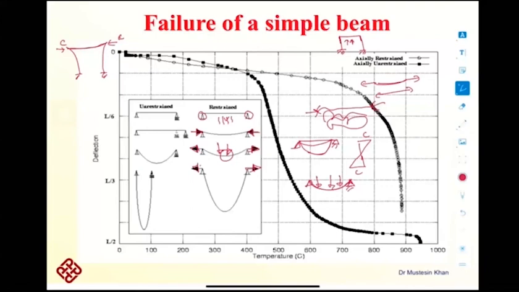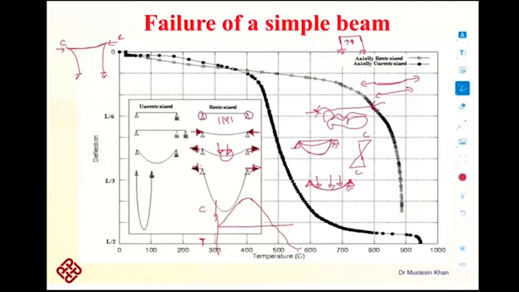And at the final stage, up till now, what was happening to the axial force? Initially it was increasing. The top is compression, the bottom is tension. The compression was increasing, and after a limit, when some local failure happens inside the beam, the compression starts to reduce and changes to tension.